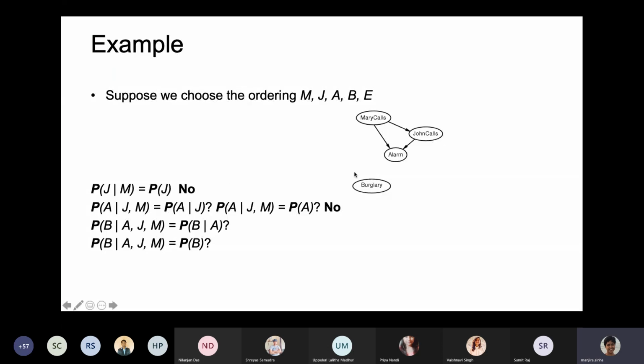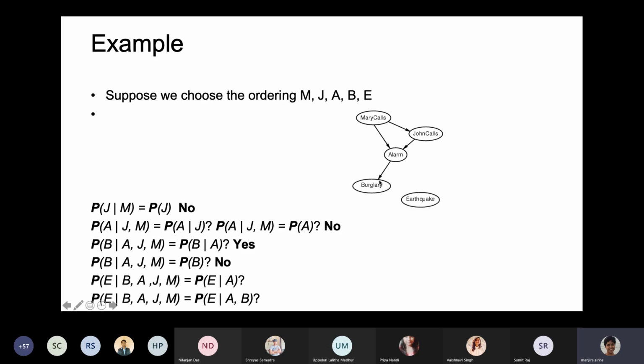So let us move on to our fourth node, which is B, that is for burglary. So we add burglary. Now we check whether the probability of burglary given A, J, M is equal to probability of B given A. That means, can only the alarm be the immediate parent of the burglary?